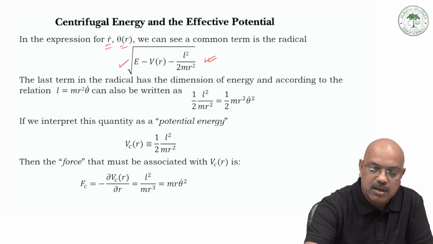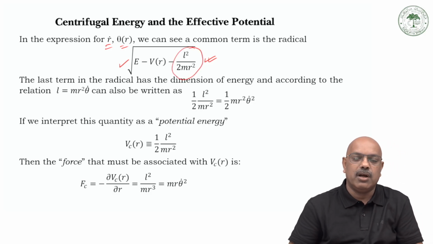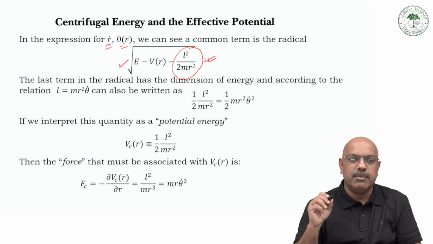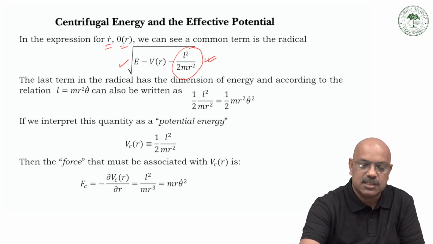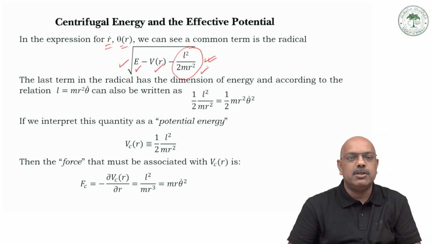So in this expression, look at this L square by 2 m r square. This term has the dimension of energy, because everything is energy. This is total energy, this is potential energy, and this definitely has the dimension of energy.